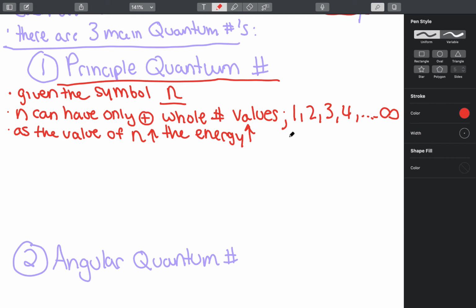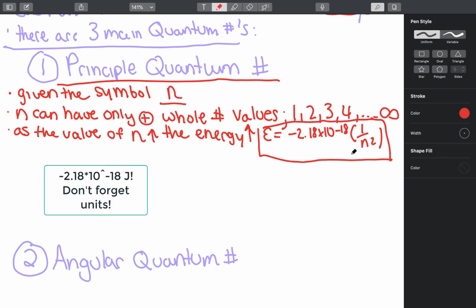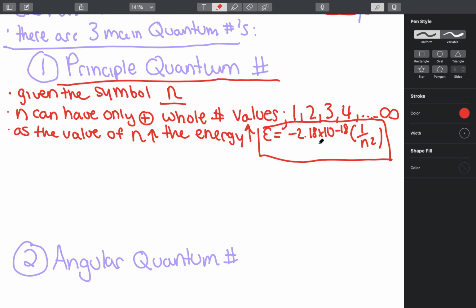We already saw this in our Bohr model video when we talked about E is equal to negative 2.18 times 10 to the negative 18th times 1 over n squared. As you can see here, as n increases, the value of energy becomes less negative, therefore allowing the total energy to increase overall.